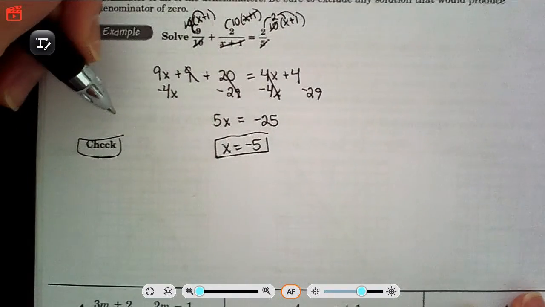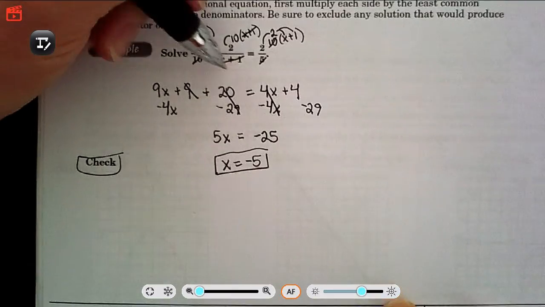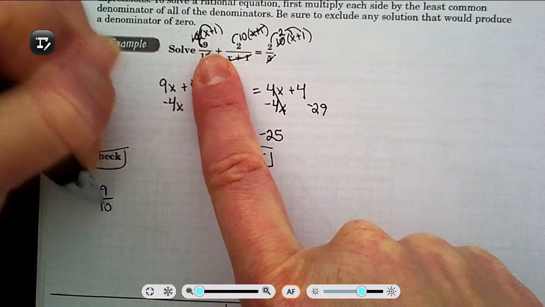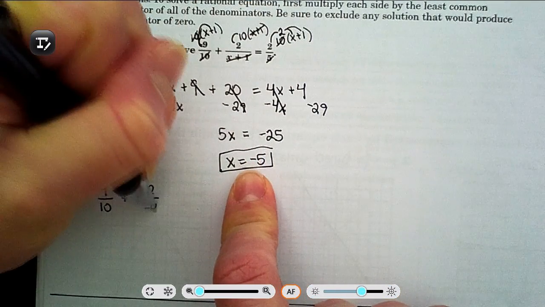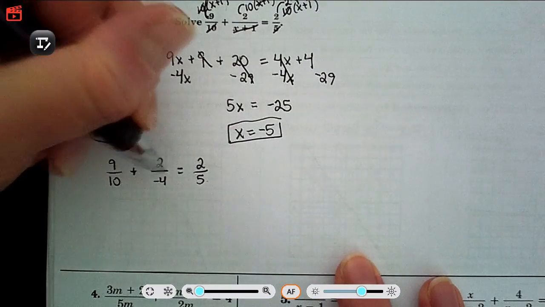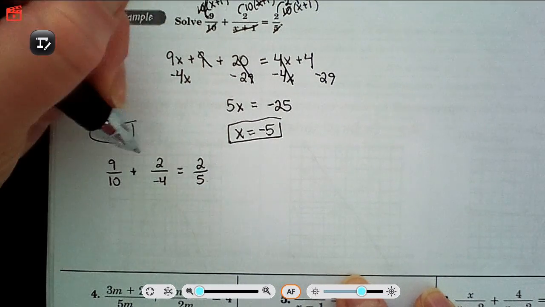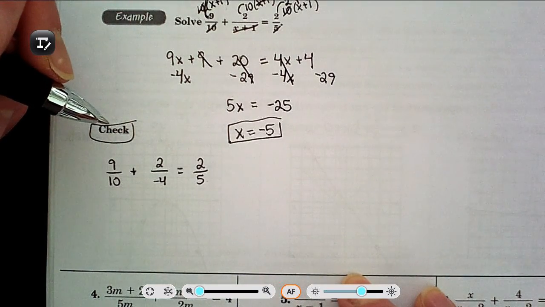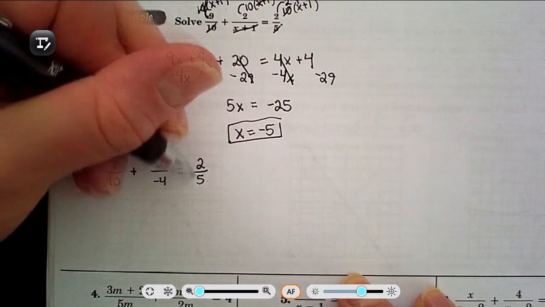Okay, so I need to check my value, negative 5, in the original. Everywhere there's an x, I'm going to replace it with negative 5. So 9 tenths plus 2 over negative 5 plus 1, which is negative 4, equals 2 fifths. 9 tenths plus 2 over negative 4 is really saying 9 tenths minus 2 fourths. I can make all of it into 20ths.